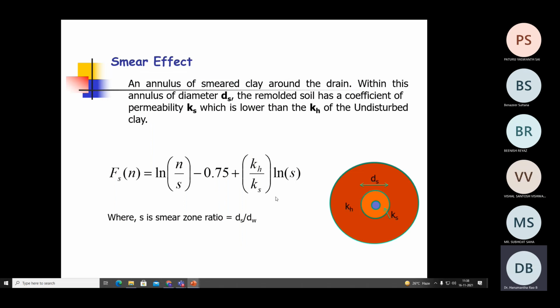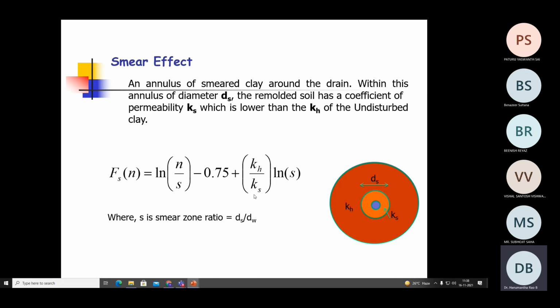Here, as I told, this is the equation for f of n, showing how to include the smear effect. The same equation has been extended to include the smear effect. Now the additional parameter that comes in is S. S is defined as ds by dw, the ratio of the diameter of the smear zone to the diameter of the PVD. The inside blue circle designates the diameter of the PVD, the orange right outside designates the diameter of the smear zone, and the red color indicates the zone of influence of the PVD.